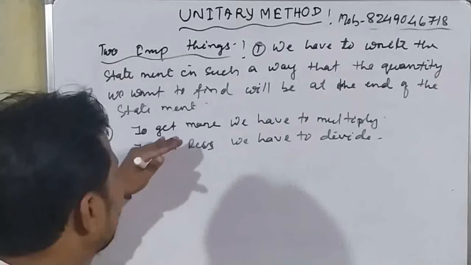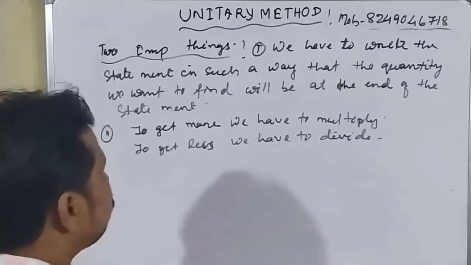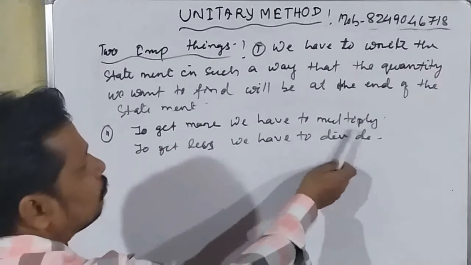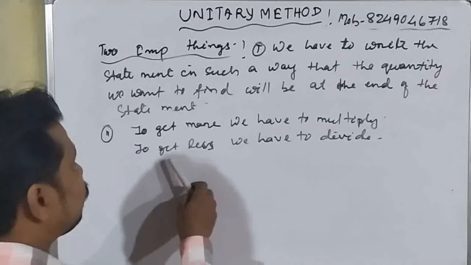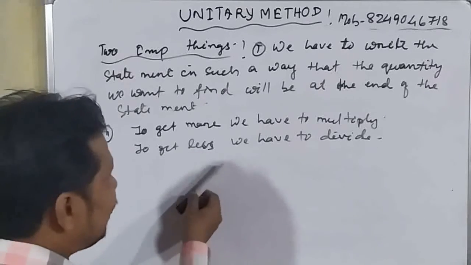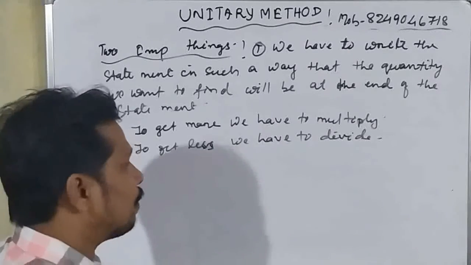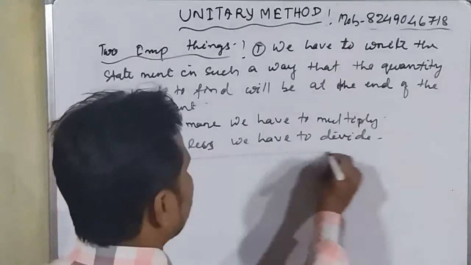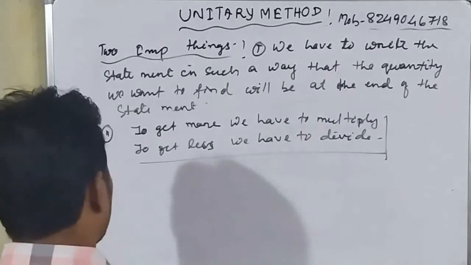When we want to get more, the cost or the value of more things, then we have to multiply. And when we want to find out the less things, then we have to divide. Okay, student. So this is a very important thing, and we have to keep it in our mind.